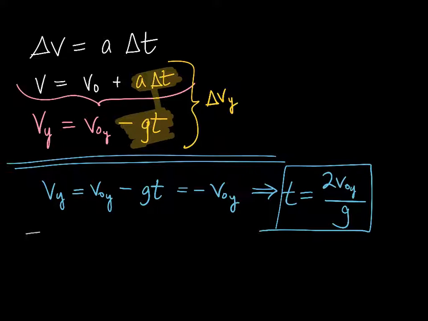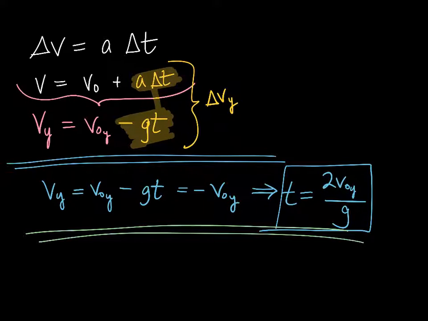Which means I can go back to my range equation, which was range equals the initial speed in the x direction times time, but now I've rewritten time as 2 v naught in the y direction over g.